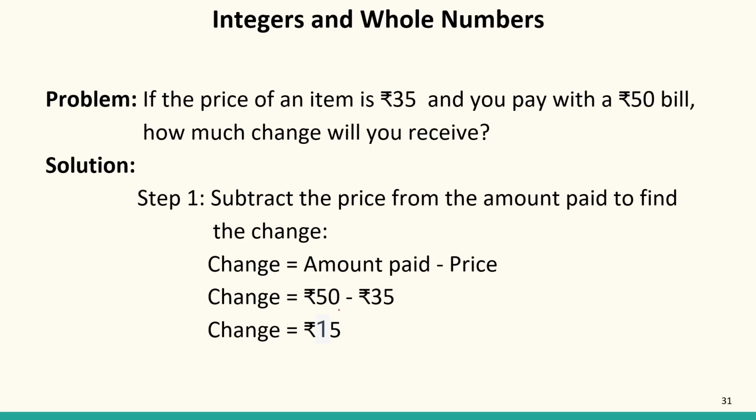The bill we gave was 50, the note was a 50 rupee note, and the price of the item was 35. So we subtracted it and we found a positive value. It means that we will get 15 rupees in return, in change.